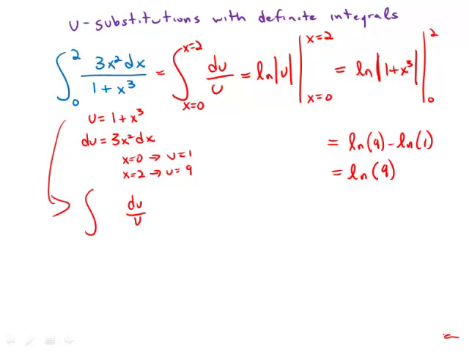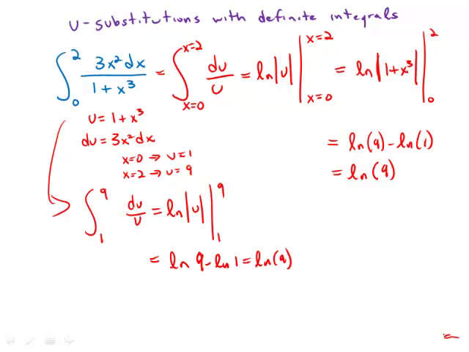And so we could just have the integral of du over u from 1 to 9. And now we don't even have to write the u equals because everything is in terms of u. So this would just be log of absolute value of u evaluated at 9 and 1. Log of 9 minus log of 1 gives log of 9.